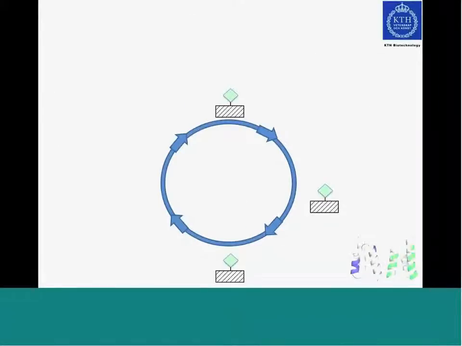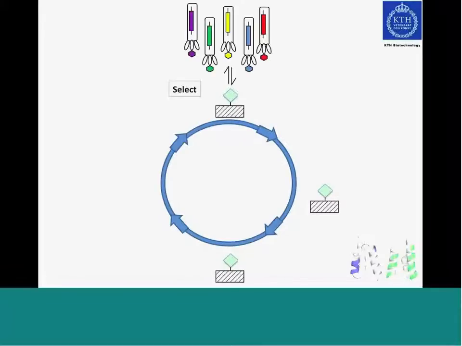So here's an example of how this works. If you consider a phage display, you have an immobilized target, the turquoise one, and you mix it with your unsorted phage display library. So you have many different variants. Each column represents a variant in your library, and each one is carried by a phage particle, which also carries the genetic information.